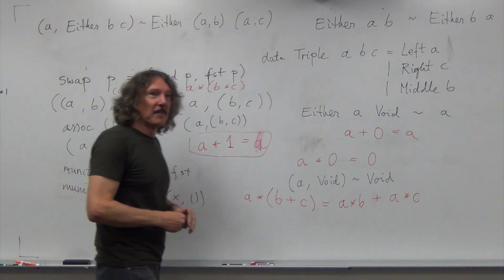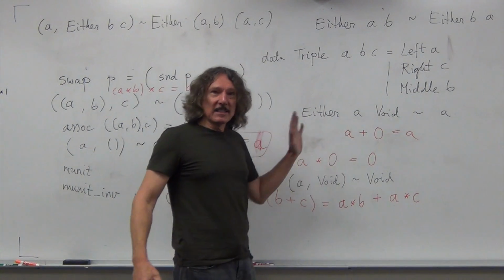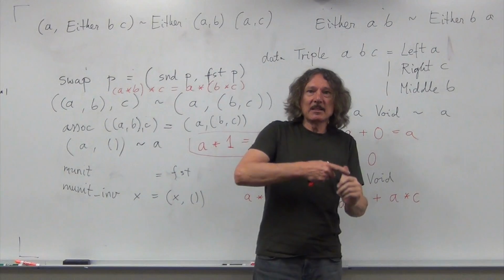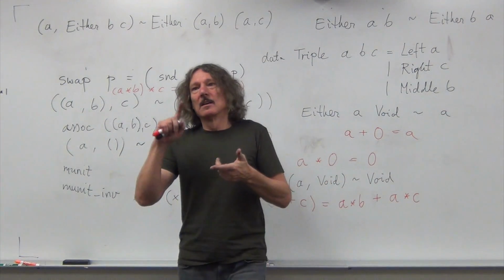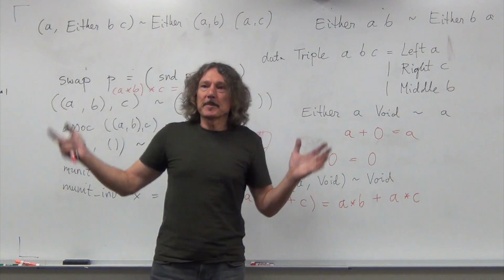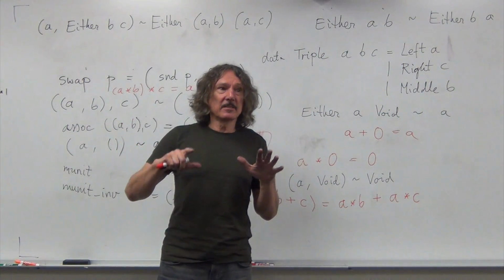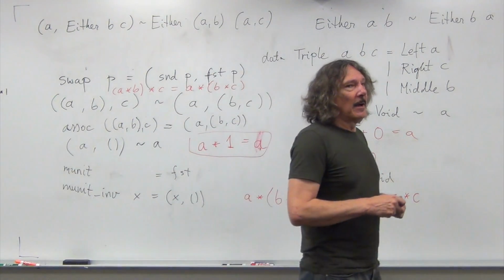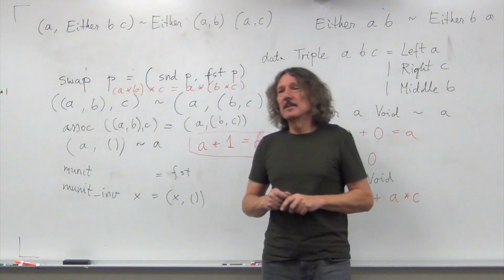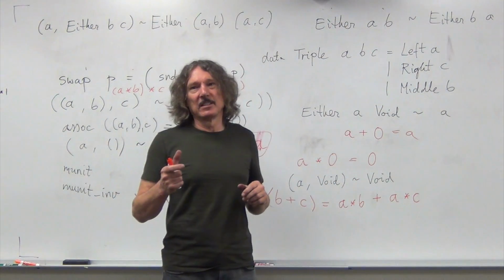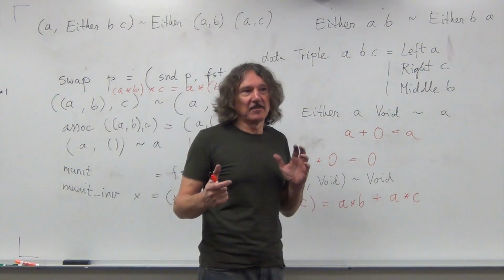So what is this structure called when you have both multiplication and addition in the same thing? Well, in general, a structure like this is called a ring. Except that a true ring also has an inverse of addition. That's how mathematicians define it.